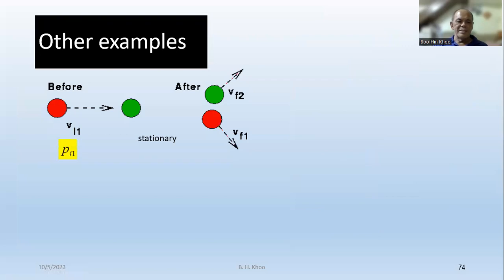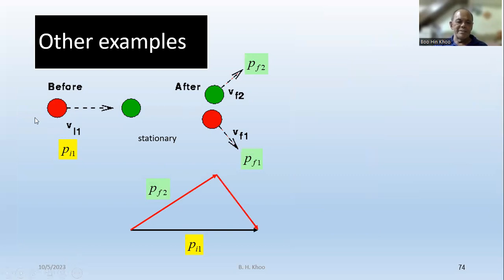Okay, let's try another example. There are other examples. There's the momentum, final momentum for body 2, body 1. It doesn't matter which we start with. We can start with this one if we want to.